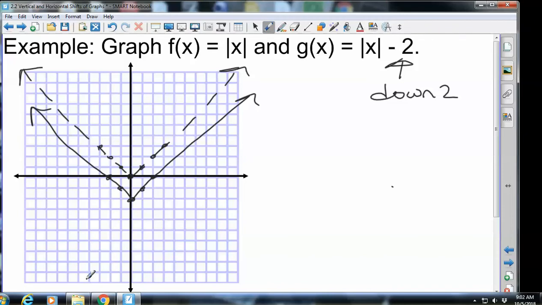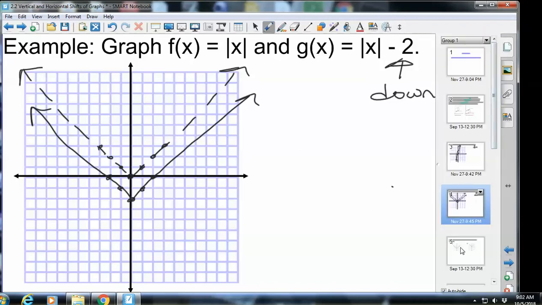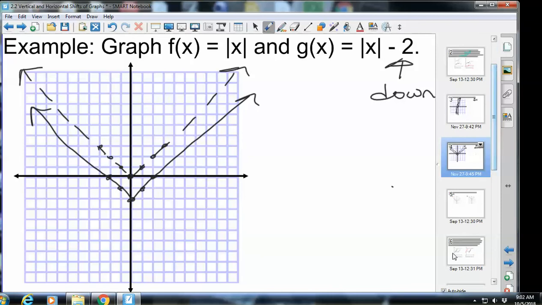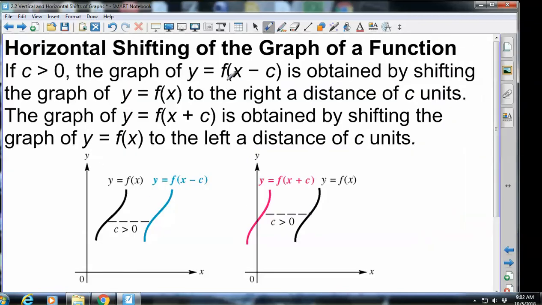What causes the graph to move left or right? If it's in front, if it's multiplied, that stretches and shrinks. Wasn't it like parentheses? Yeah. If you have something inside the parentheses, if it's attached to the x.